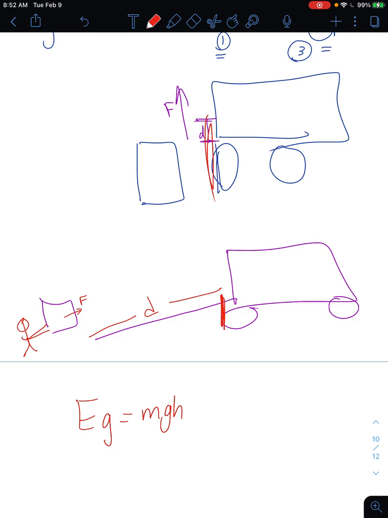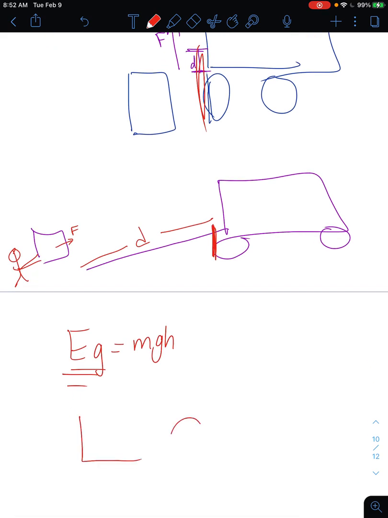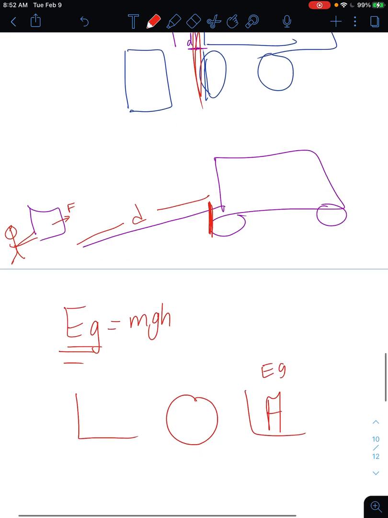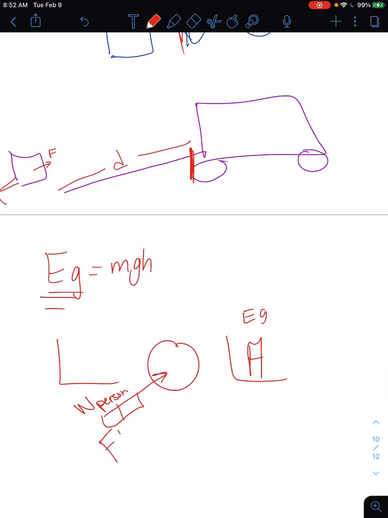But the issue is that in order to make it gain the same gravitational energy, we're going to say, again, that the gravitational energy gained by the refrigerator is equal to the work that you had to do. We don't care how you did your work. The work done by the person could have been a big force times a small distance, could have been a small force times a big distance.